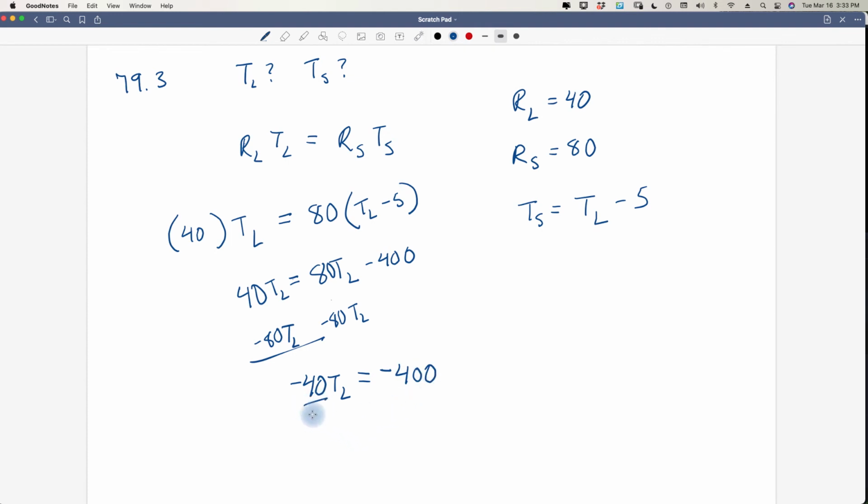When we divide both sides by negative 40, we find that T sub L is equal to 10. And since T sub S is T sub L minus 5, 10 minus 5, T sub S is equal to 5. Okay?